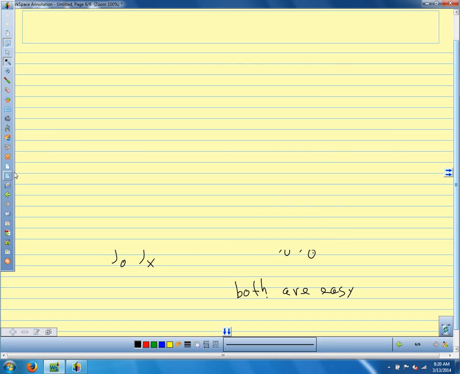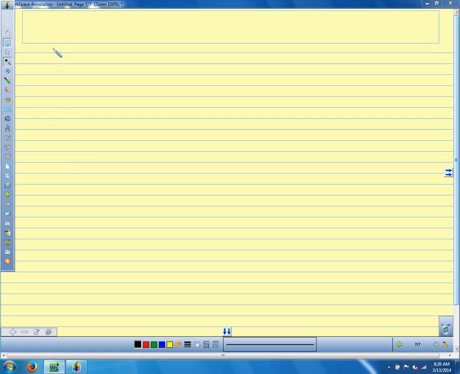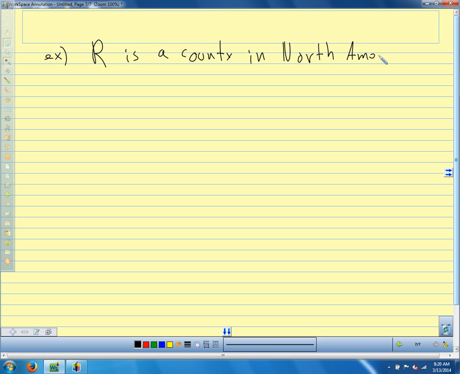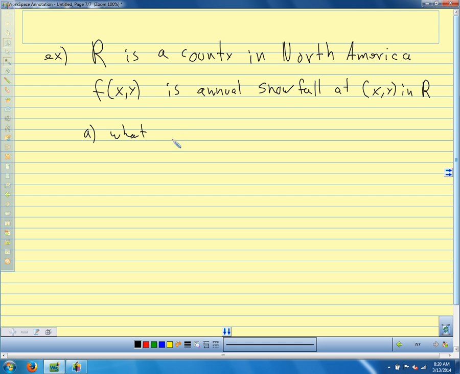So let's say that R is a county in North America. f of x,y is the annual snowfall at a point in R. For part A, what does this double integral represent?